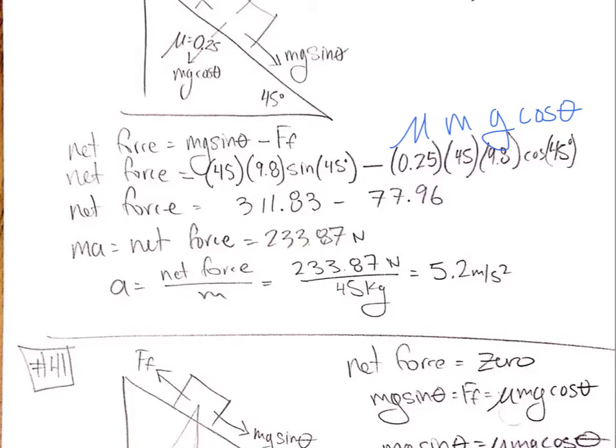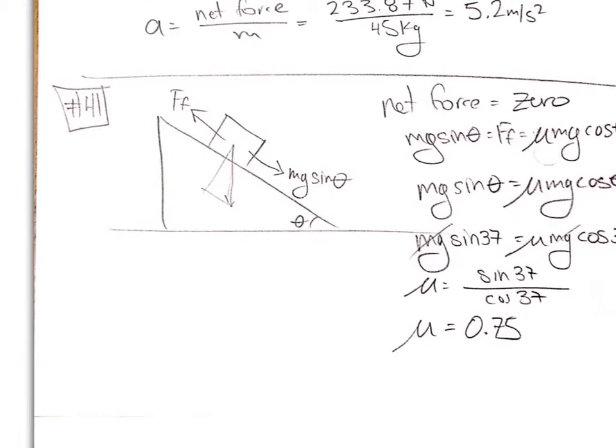Number 41, last but not least, here we are solving for coefficient of friction. So we have the skier on the 37-degree hill, and example 6 has been moving for 5 seconds, so they speed up and speed up, and then they hit a slushy part.